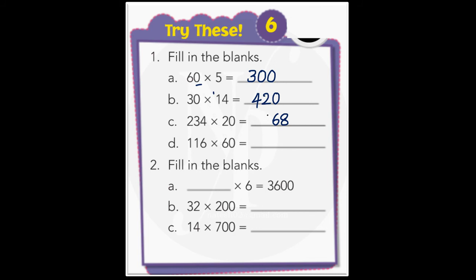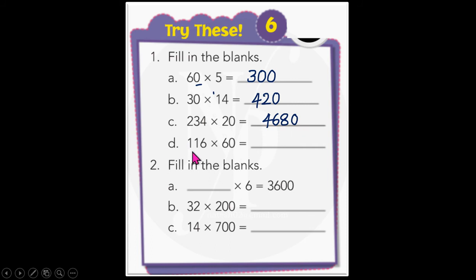We write 4 here. On multiplying 234 by 2 we get 468. This 0 should be written in one's place of this answer. Now the product is 4680. That is 234 into 20 is equal to 4680.